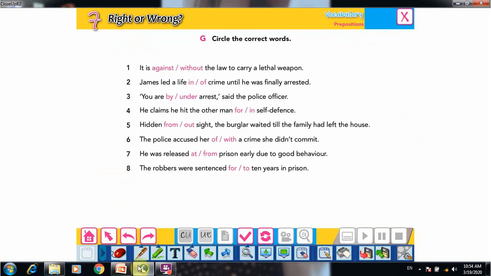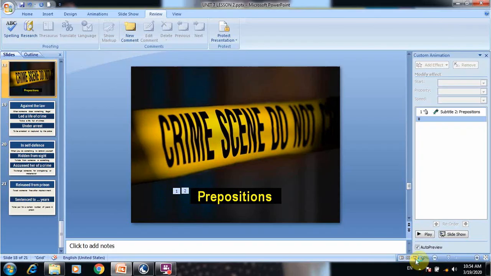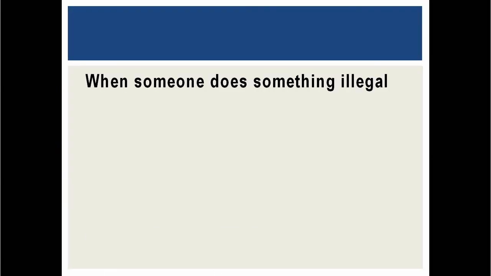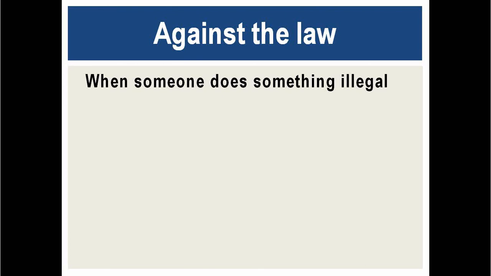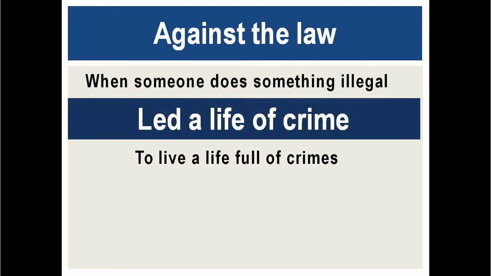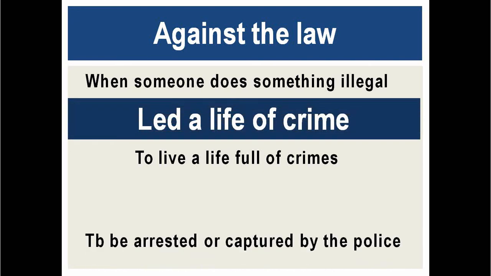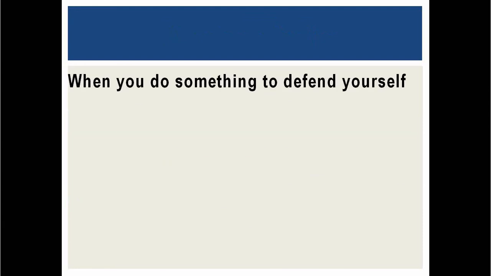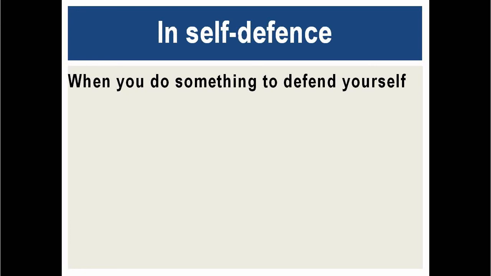Before we answer it, of course, you must return back to the prepositions in order to take them first. So, the first one, when someone does something illegal, it is against the law. To live a life full of crimes, it means lead a life of crime. To be arrested or captured by police, under arrest. The next one, when you do something to defend yourself, it is in self-defense.